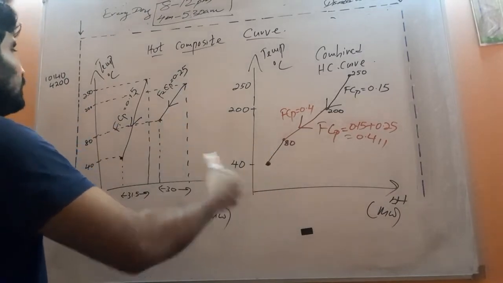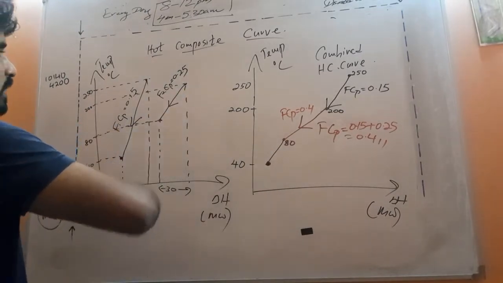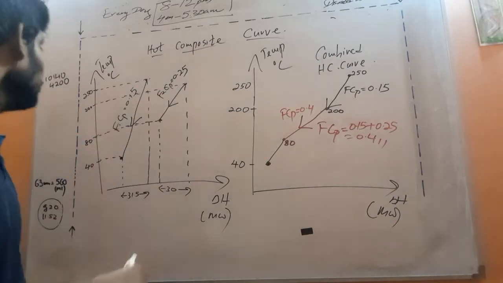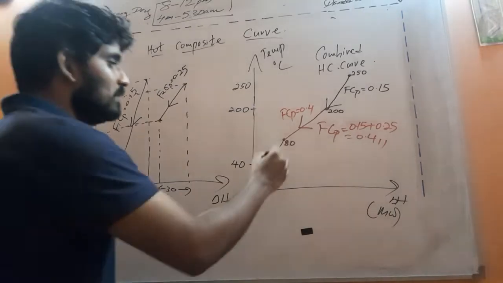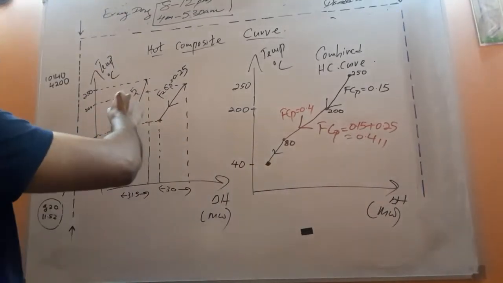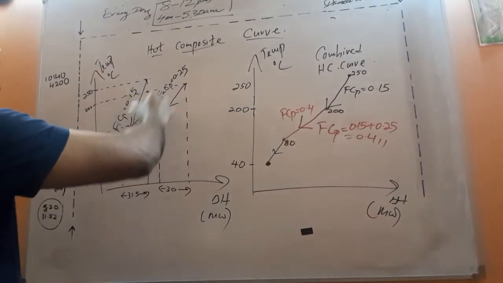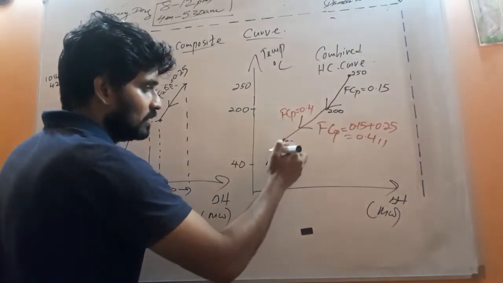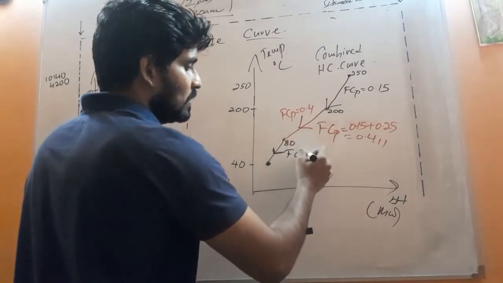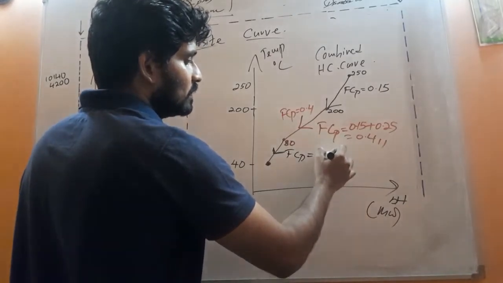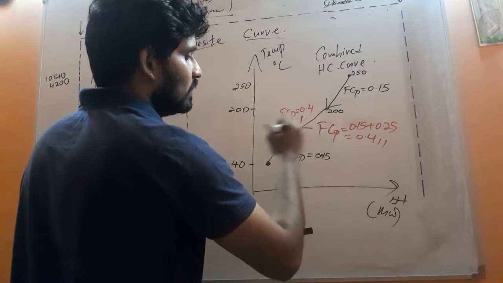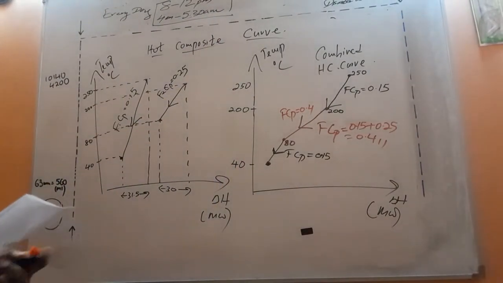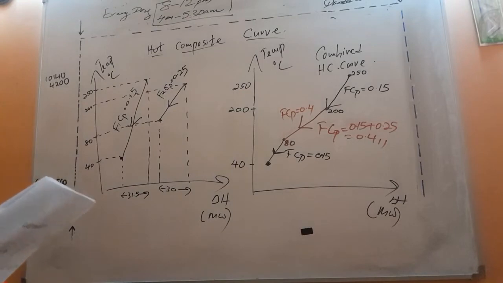The only curve that you have is this curve, right? So by looking at the range, this curve can be used to travel in between 80 to 40. So what is the FCP value? FCP value you can put from this line. So now it is traveling from 80 to 40. FCP value is 0.15. Okay. So now the combination part is done.